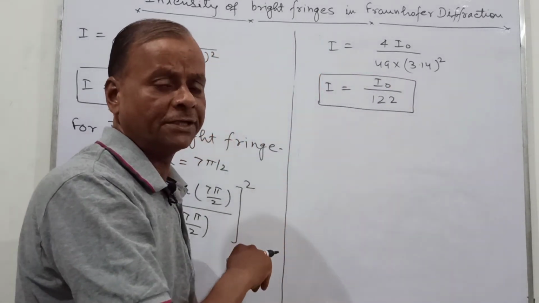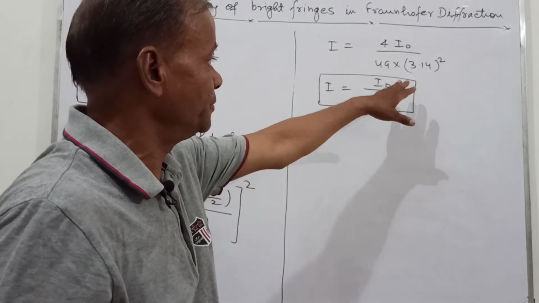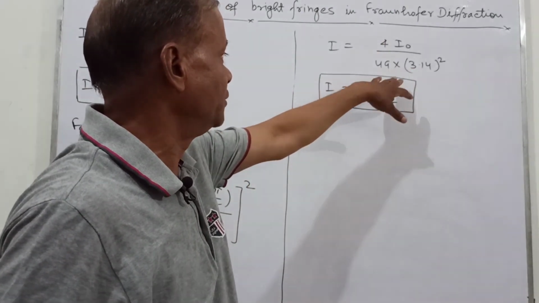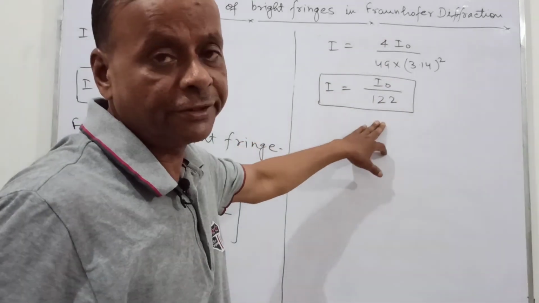You can calculate it. I have taken it just by approximation that this will be equal to 10, so this is now 490 upon 10. So this is now approximately 122.